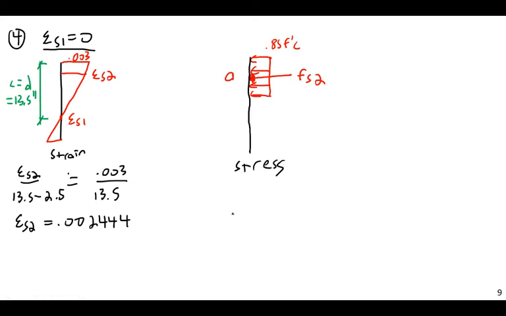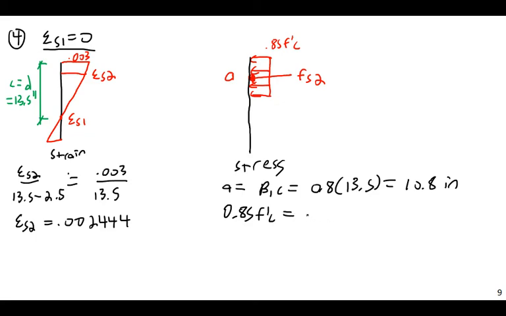And here, A is going to equal beta 1 times C. So it's going to be 0.8 times 13.5, and this comes to 10.8 inches. Then the stress is going to be the same as before, 0.85 F prime C comes to 4.25, no change there.